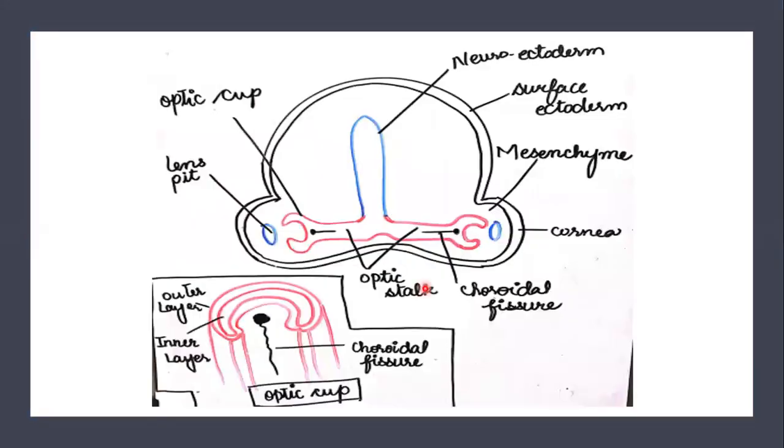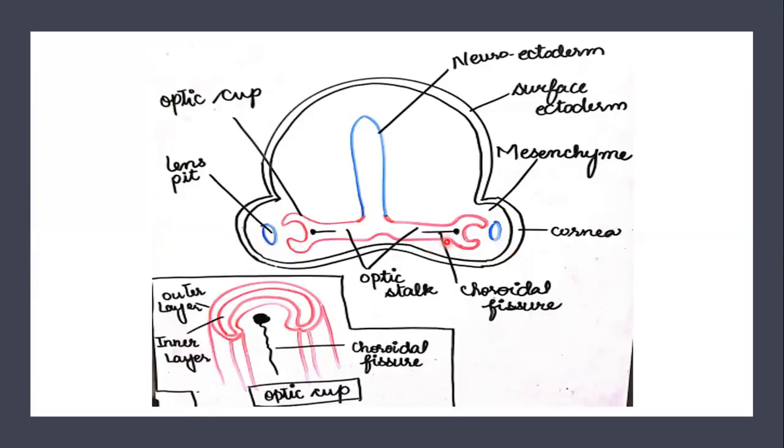This type of structure is formed after all these phenomena. You can see this is the neuroectoderm. Mesenchyme is in between the optic cup and the lens placode or lens pit. This is the primary structure of the cornea, and all these structures are made, right?